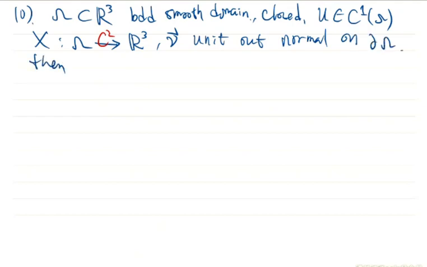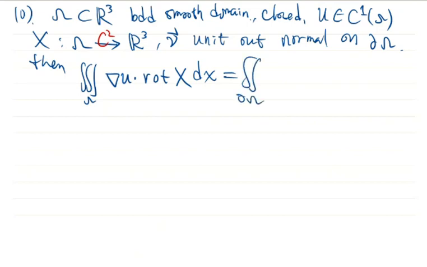Then the integral of the gradient of U inner product with the curl of X equals the surface integral over the boundary of the curl of X inner product with nu, multiplying U. Here I denote the components of X by X1, X2, X3.